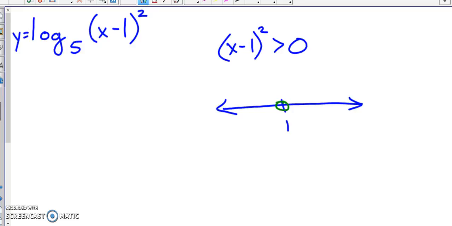And then test your regions. If I plug in a number from over here, say 0, 0 minus 1 is negative, but when I square it, it'll be positive. I want that. And if I pick another number, 2, 2 minus 1 is positive, and when I square it, it'll still be positive.